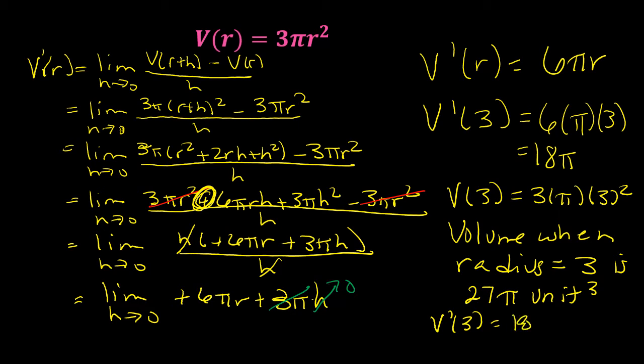So when we say 18 pi, this is basically the instantaneous rate of change, the instantaneous velocity. So it's how fast we are changing when the radius equals 3. I'll have a better explanation for that when I see you tomorrow.